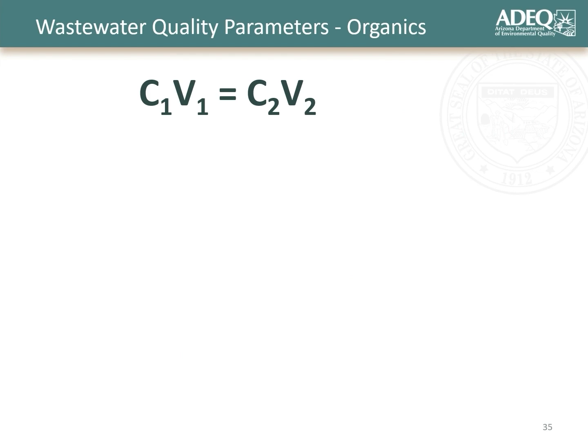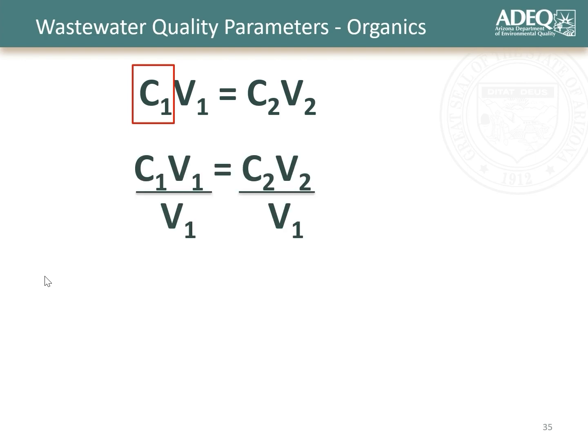Now let's walk through an example of how we can use C1, V1, C2, V2. In this example, we're going to solve for C1. How do we solve for C1 using this equation? Well, one way is by dividing both sides of the equation by V1. We divide the left side by V1 and the right side by V1. Because the left side has V1 on the top, it's just like dividing 2 by 2, which is equal to 1.